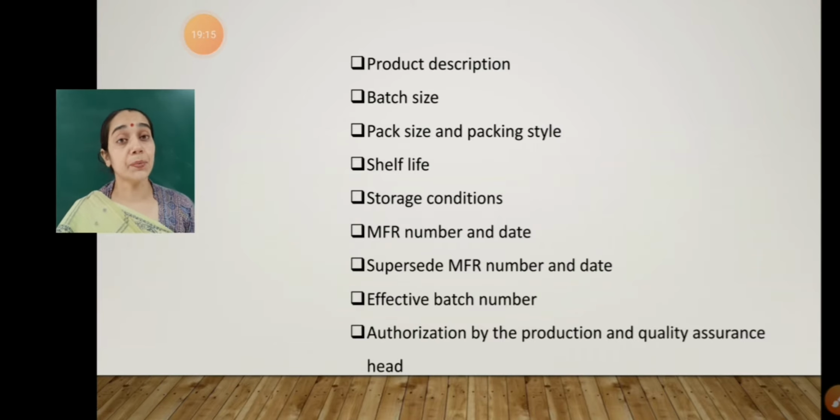Basically, they need to be stored depending upon the stability of their API, meaning the temperature at which that active pharmaceutical ingredient is stable, and accordingly it will be stored. Then, whether our product is sensitive to light or to temperature, the storage conditions will be accordingly.